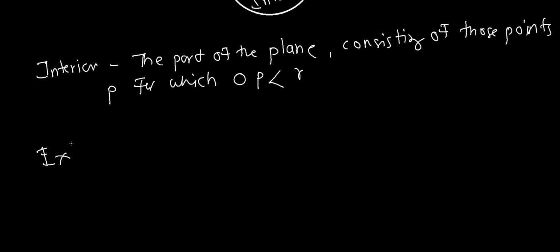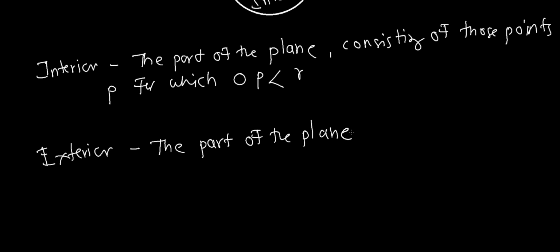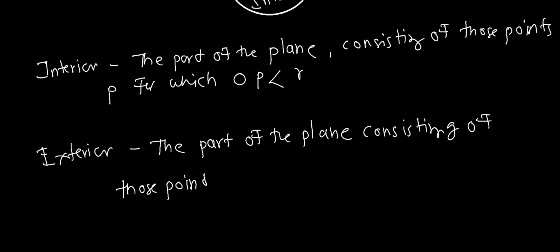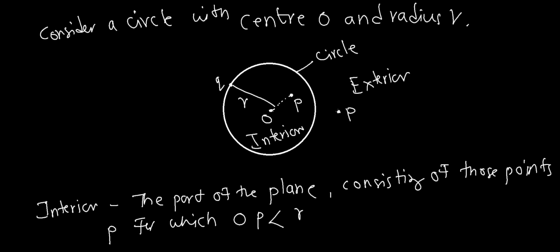Then comes exterior. The part of the plane consisting of those points P for which O to P is greater than R. So if we say this point is P, and we measure the distance from O to this point P, it is greater than the radius of the circle.